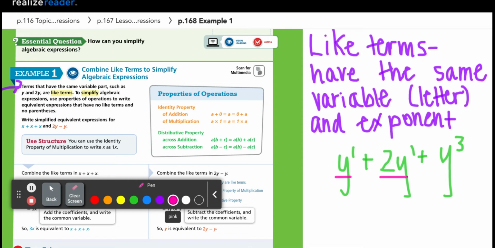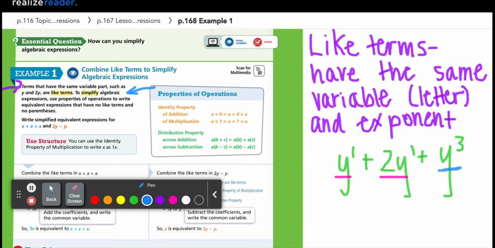We can combine those. Y to the third power does not have the same variable part because the variable is to the power of 3. So to simplify algebraic expressions, we're going to use properties of operations to write equivalent expressions that have no like terms and parentheses.